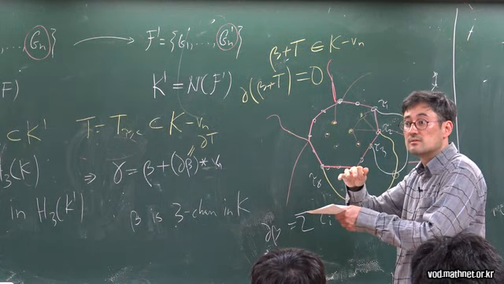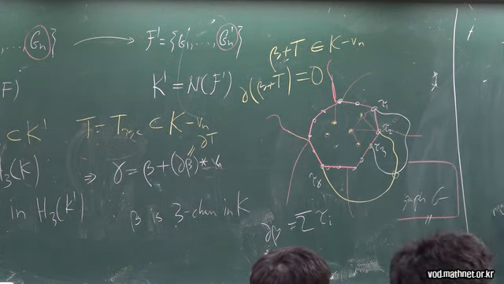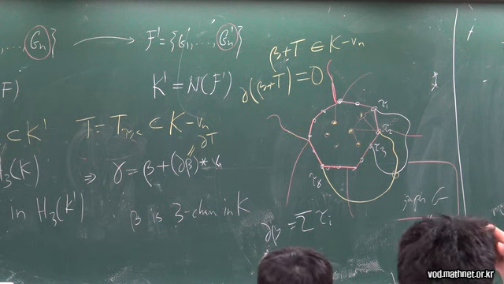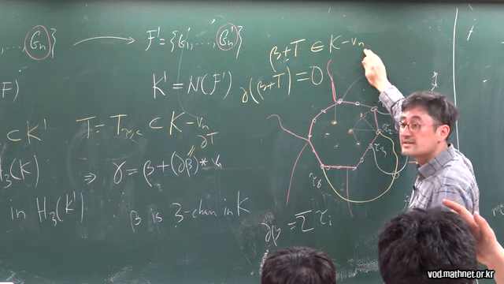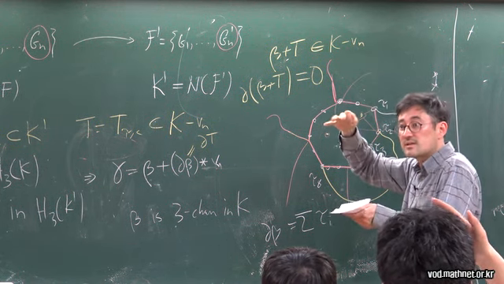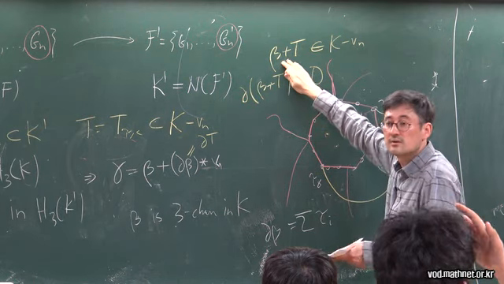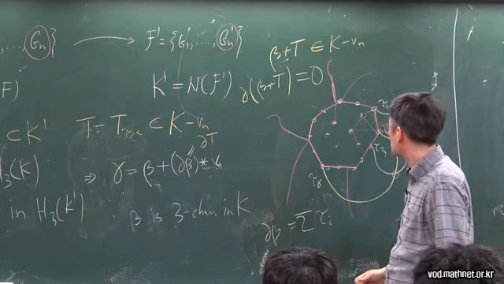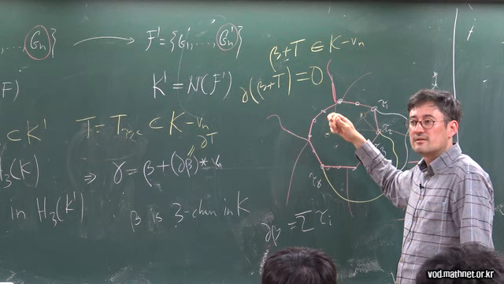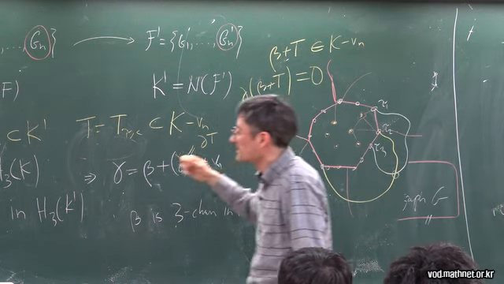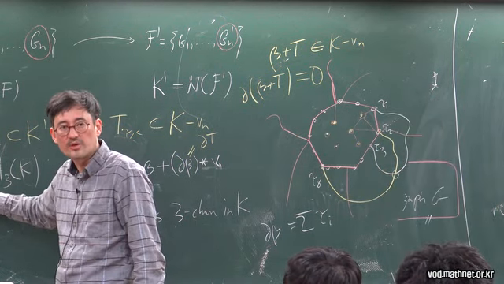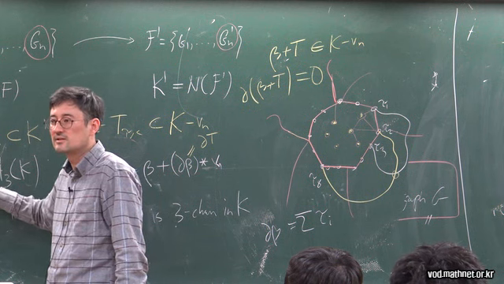That is a cycle. And since I assumed that everything was minimal here, it's a cycle that lives inside the nerve where I deleted this guy. This is contractible. You can fill in this hole. And then you can use that hole to fill in the original hole, showing that actually gamma was 0 from the beginning. Okay, so I'll skip the details here.